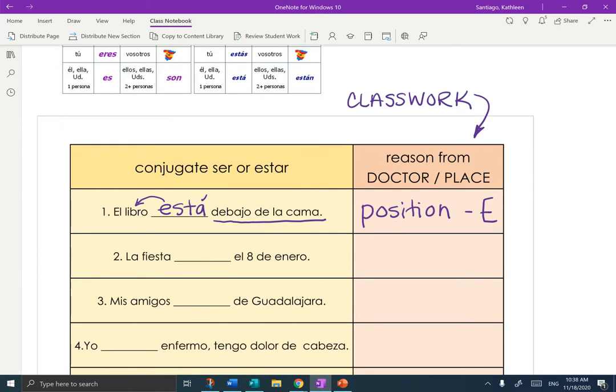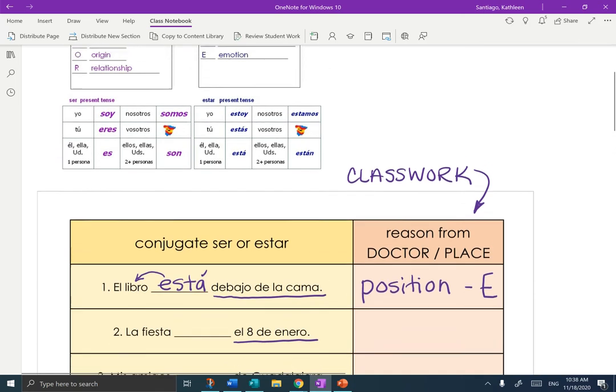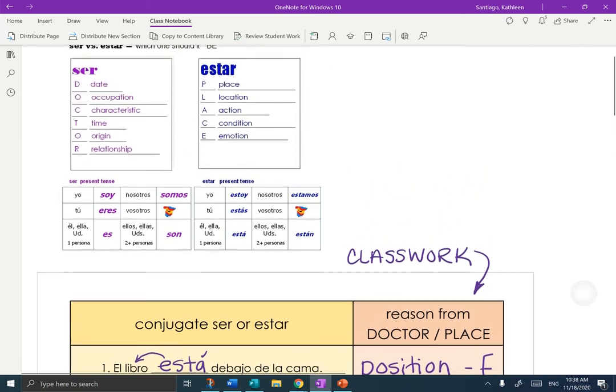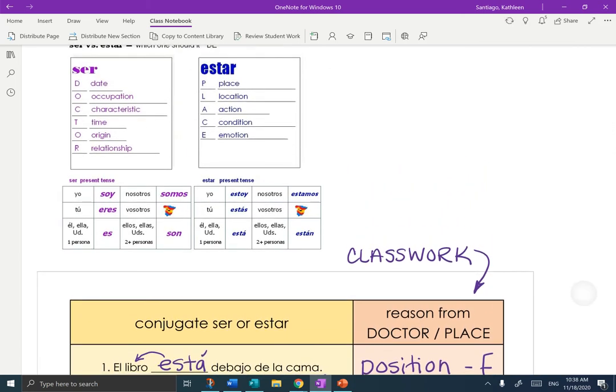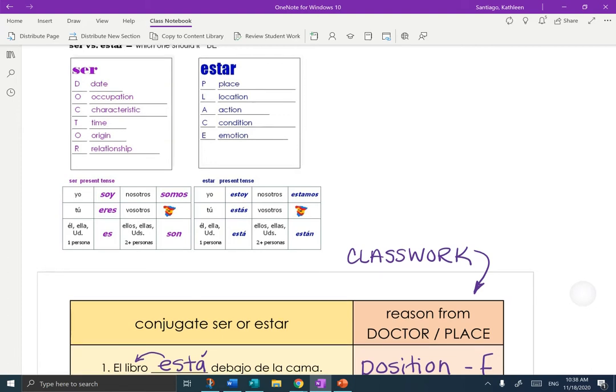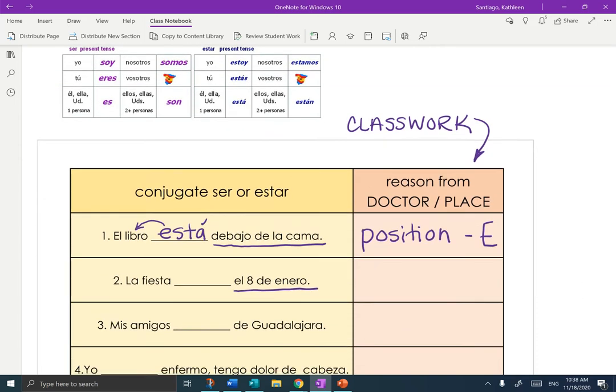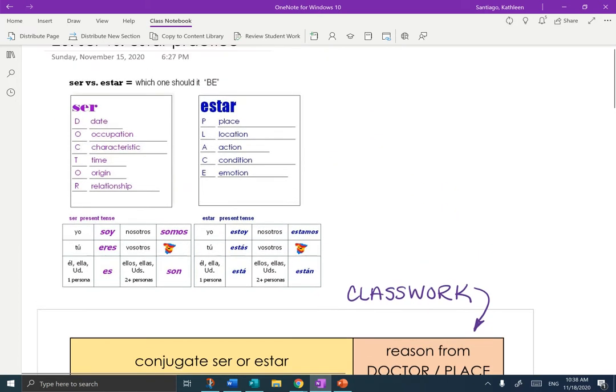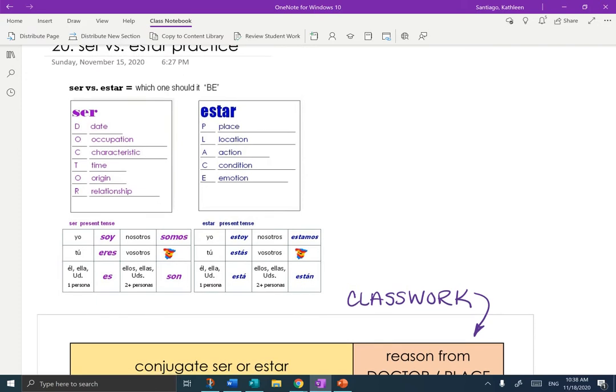Okay, number 2. La fiesta blank el 8 de enero. Well, what is el 8 de enero? Go to the information first. Go back up to ser and estar. Is that emotion, condition, action, location, place, relationship, origin, time, characteristic, occupation, or date? Well, el 8 de enero is a date. So I'm going to write date. If it's a date, that means we're working with the verb ser.